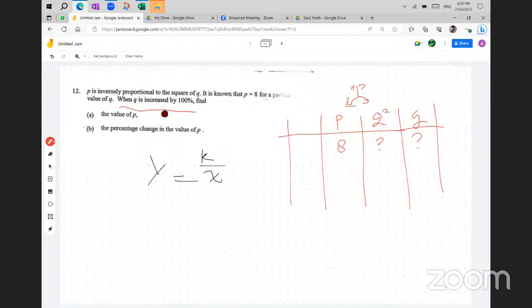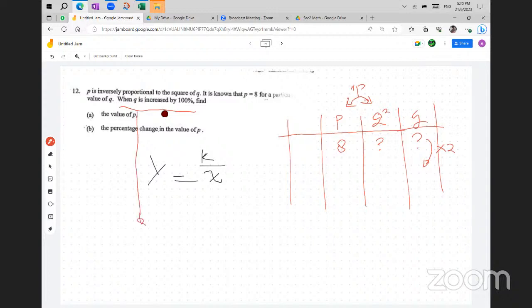I am assuming that you have some basic knowledge. If you don't understand some steps, please tell me. Don't suffer in silence. When Q is increased by 100%, something happened to Q. Isn't that times 2? You tell me if you understand or not. Let me give you an example.